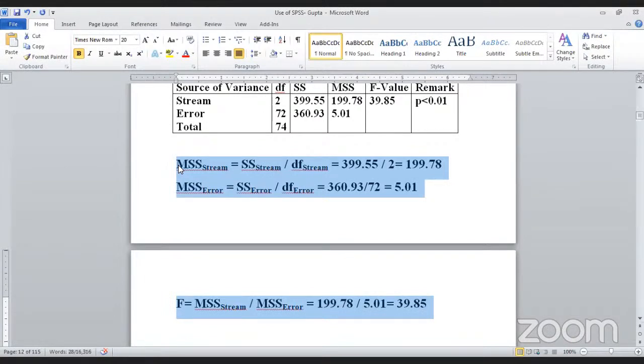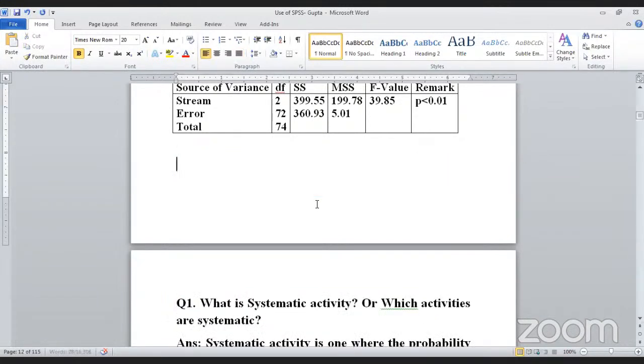And there is a standard table, Mattu. You have to compare this calculated F value with the standard table value, and you will be taking these 2 degrees of freedom. One is 2, the other is 72. Now let me talk about the degree of freedom.